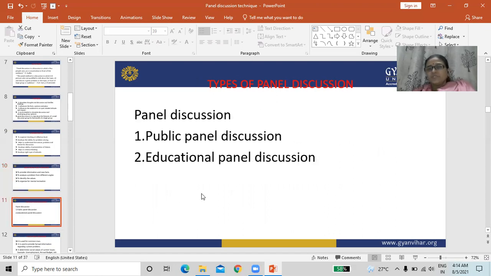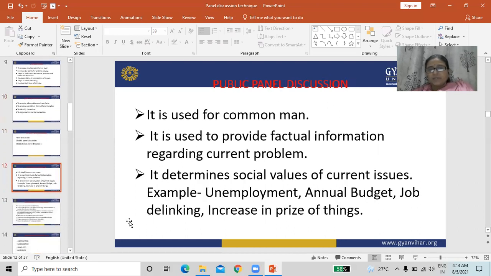Now we will discuss types of panel discussion. Generally, we have two types of panel discussion: public panel discussion and educational panel discussion. First, we will discuss public panel discussion.